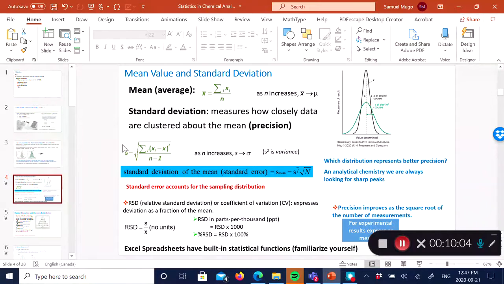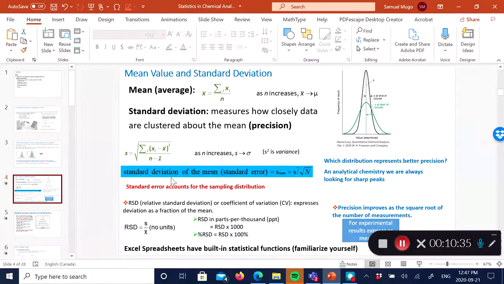Now, if you take the absolute standard deviation and you square it, normally we refer to that as variance. And as I've said up here before, as n increases, meaning as the number of repeats of measurement increases, the standard deviation here approaches sigma, which is the standard deviation of a population, okay?